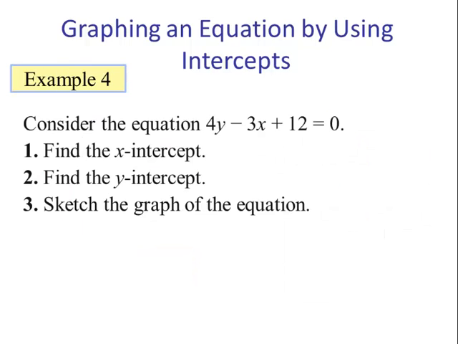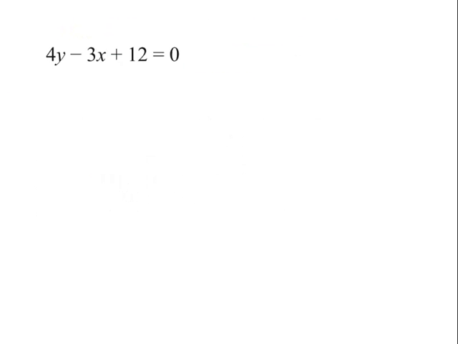Consider the equation 4y minus 3x plus 12 equals 0. Find the x-intercept, find the y-intercept, sketch the graph of the equation. We'll begin by finding the x-intercept. To find the x-intercept, we let y be 0. And we solve for x.